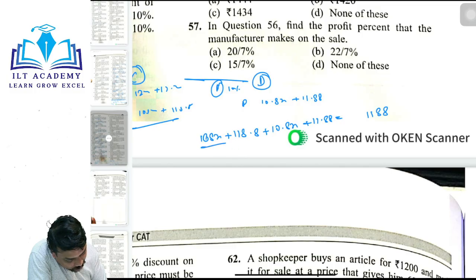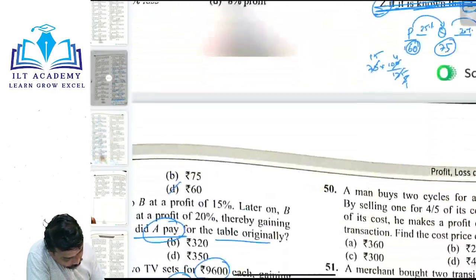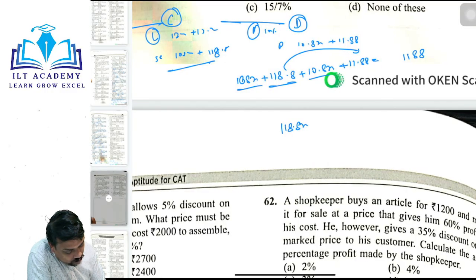So from this what you will get? 108x plus 10.8x is 118.8x. 118.8 plus 11.88 will give you what? 130.68. So 118.8x plus 130.68 is equal to 1188.